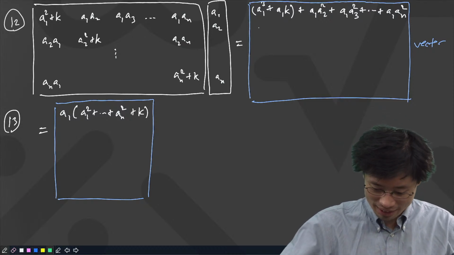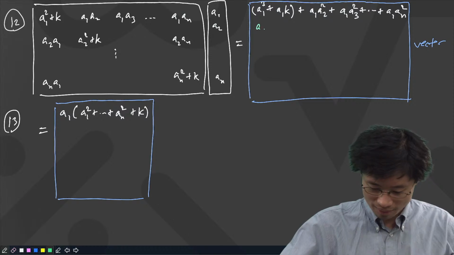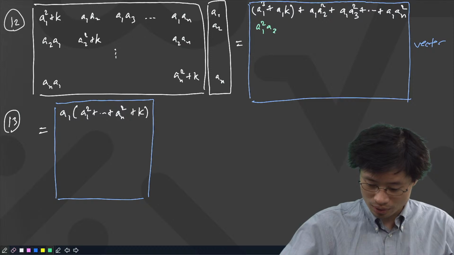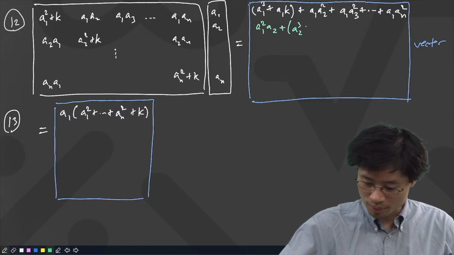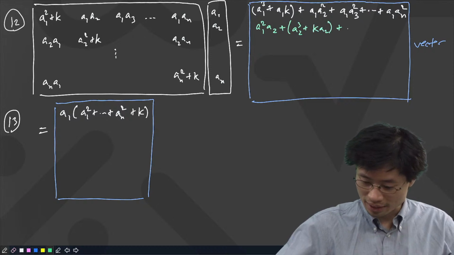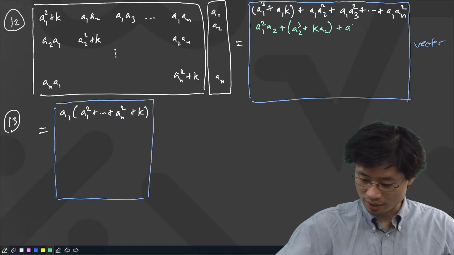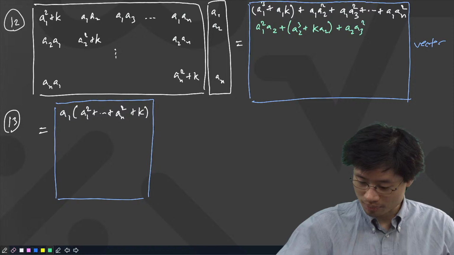Because if I do the second thing, I get A1 squared A2 plus A2 cubed plus K A2 plus A2 A3 squared, and the last one will be A2 An squared.